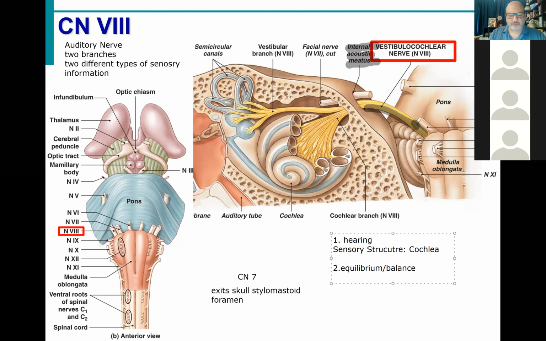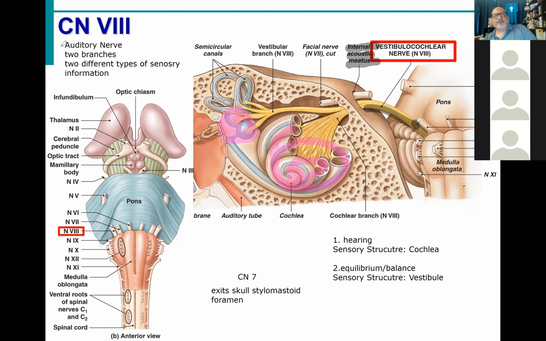And the special sensory structure that gives us our equilibrium and balance includes a big structure known as the vestibule. Here in the picture, we see these structures. This big coiled snail shell looking structure is the cochlea. This big block-like structure over here is the vestibule.